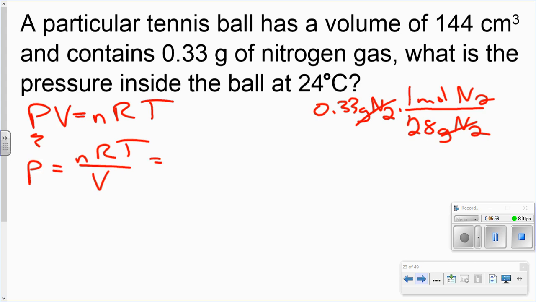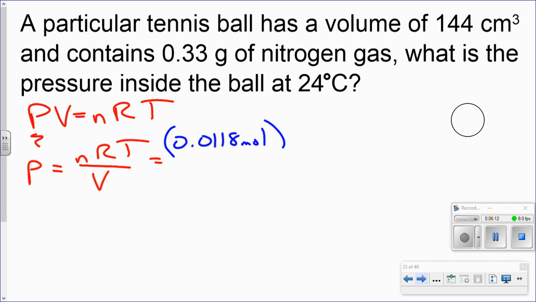So let me change colors here. 0.0118, just checking, moles. I'm going to erase this because it's going to get in my way. R is 0.0821 liters atmospheres over kmol.